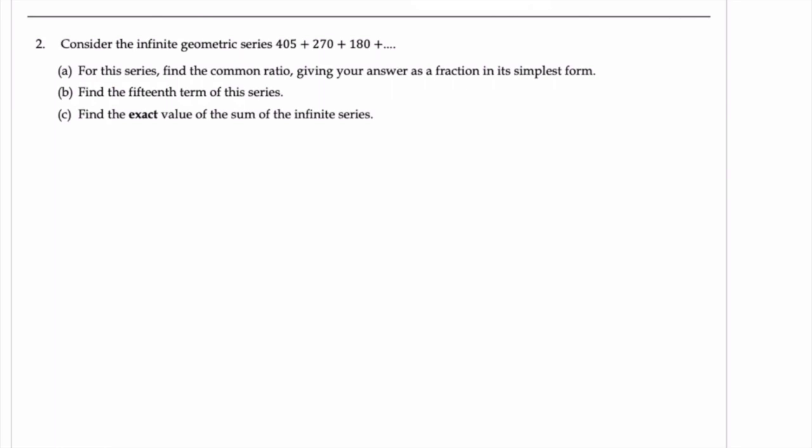So let's look at part A. So I get a common ratio of 2/3. For part B, we want to find the 15th term of this series. So using our nth term formula.